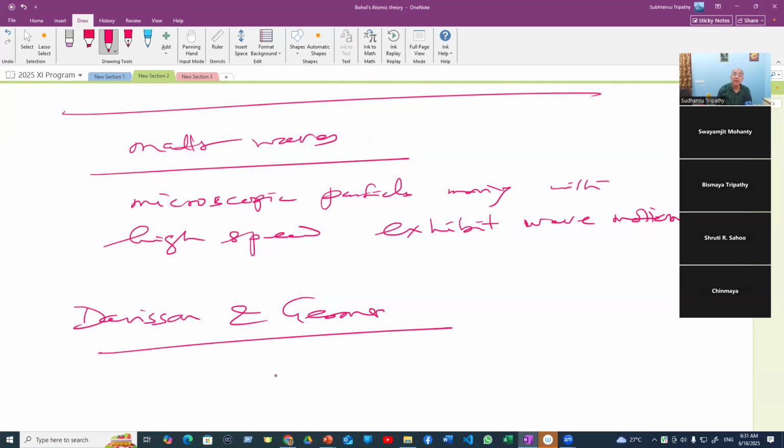He found the same pattern. Therefore, he suggested that definitely electron beam would show wave motion. They are showing wave motion because the interference diffraction is a wave phenomenon. It is a property of the wave which electron beam is showing.